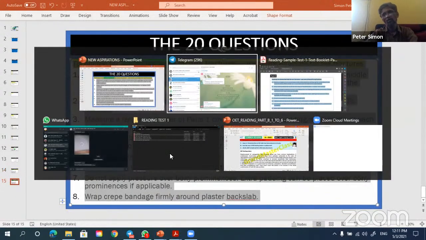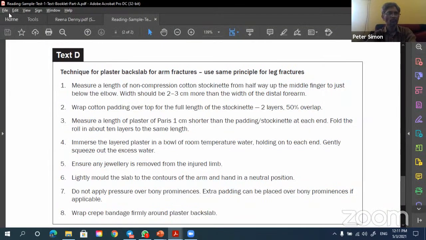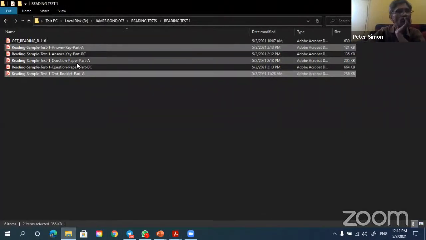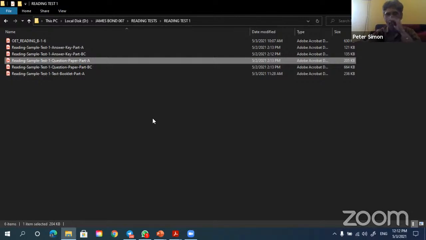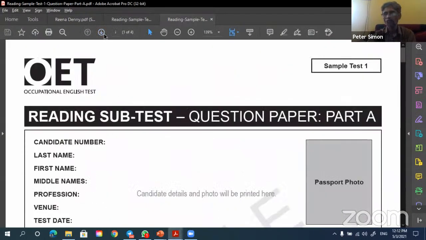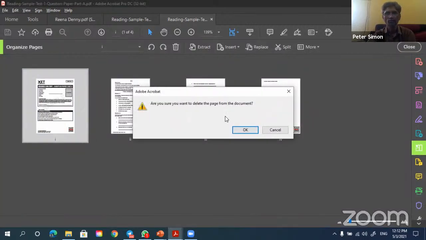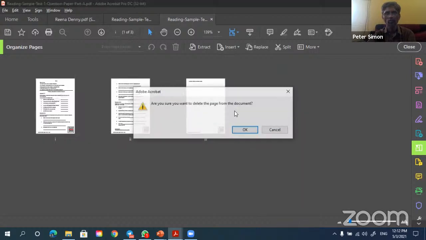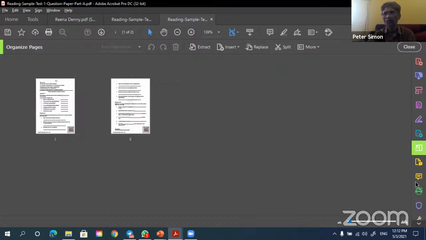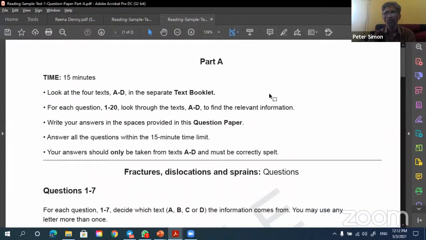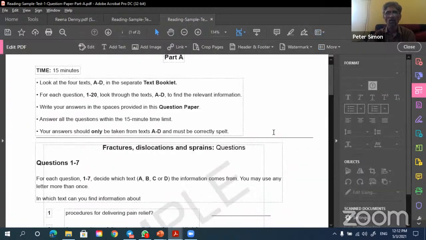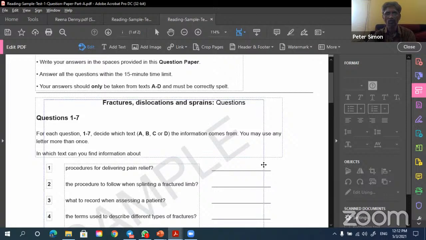Now let us see the questions. So here is the question paper. I don't want the first page. I don't want the last page. Close it. I wanted to edit out all unwanted things which may disturb our study.